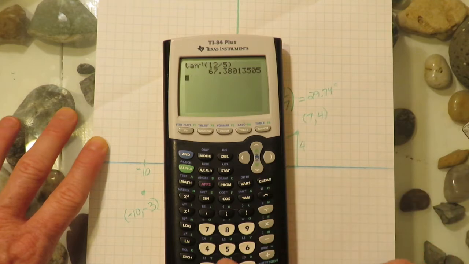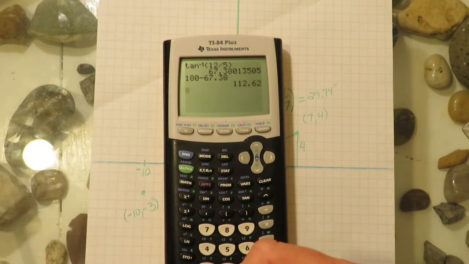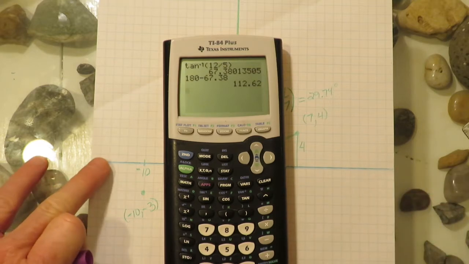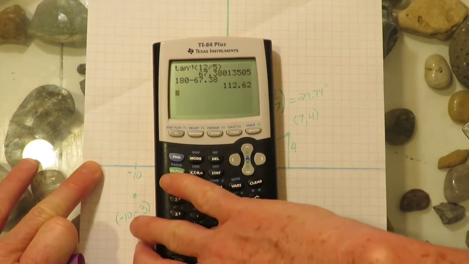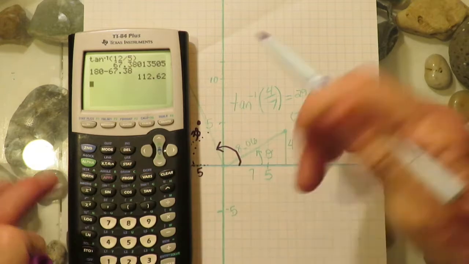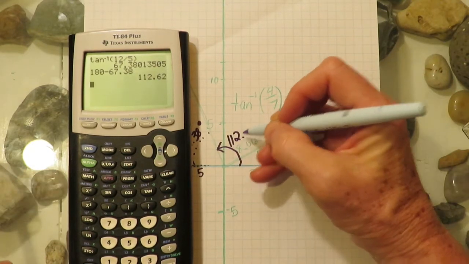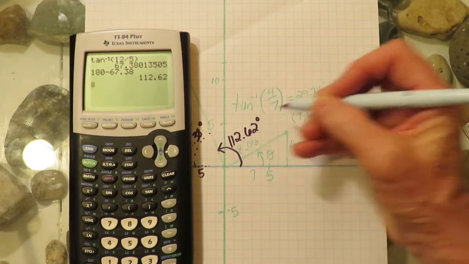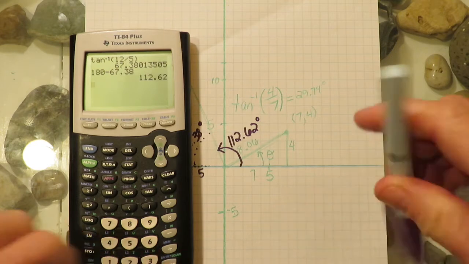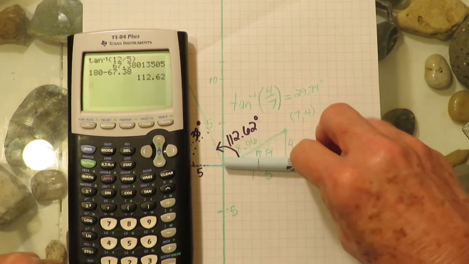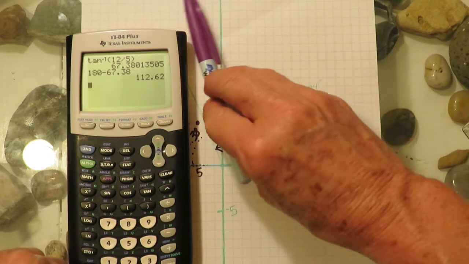Okay, so 180 minus 67.38 is 112.62 degrees. So the correct angle to rotate is 112.62 degrees.